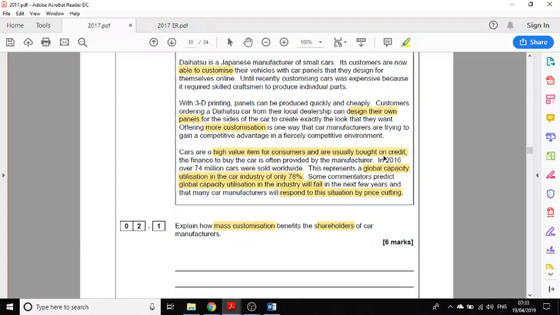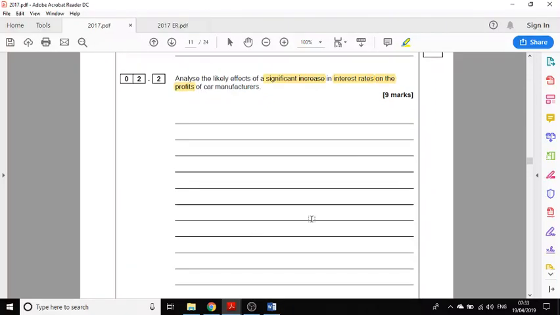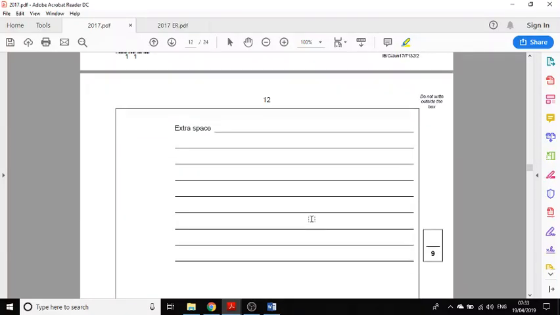They're usually bought on credit, which is going to be relevant for interest rates. So because I know there's a question on interest rates coming up, this fact about them being expensive, bought on credit, that's going to be useful for when I answer that 9-mark question on interest rates. And again, I'd want to plan that question before I got started on it.